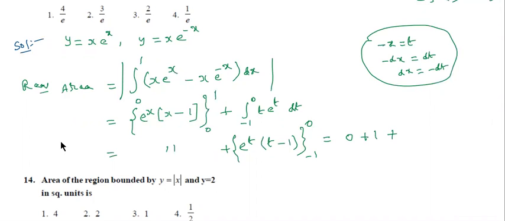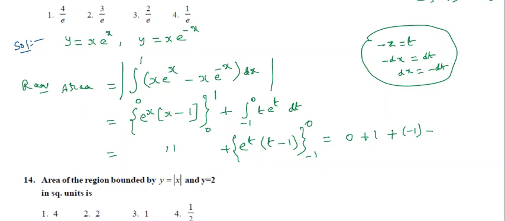And one more thing, e power 0, 1 into 0 minus 1. Here we are getting minus 1. If you substitute upper limit 0, here you will get minus 1.